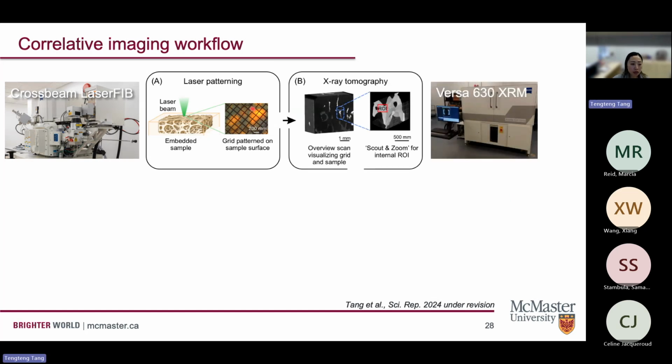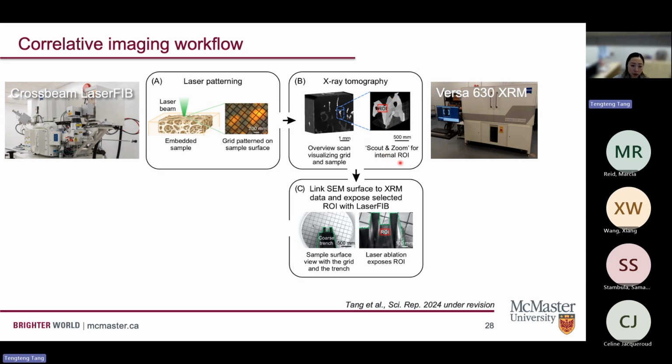We then put this entire sample into the Versa 630 XRM to acquire an overview of the entire sample. We can further zoom into a specific region of interest using, again, the XRM and acquire a high-resolution but more targeted scan of that specific region of interest.